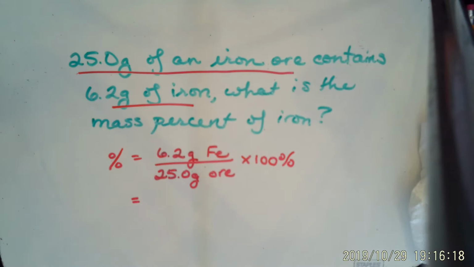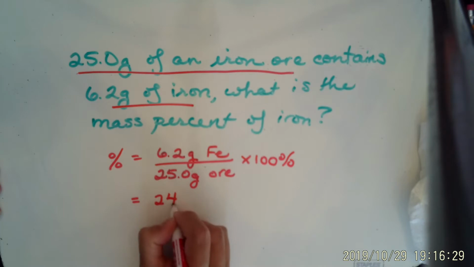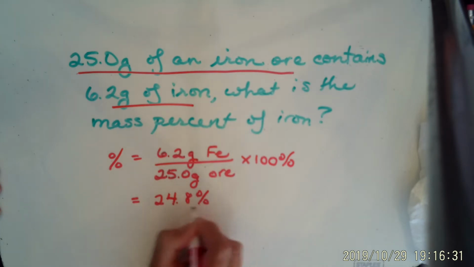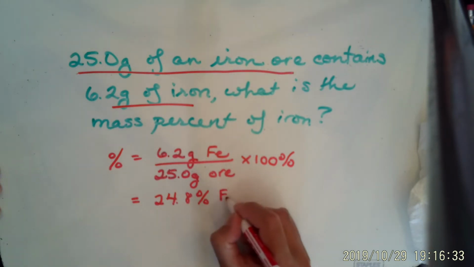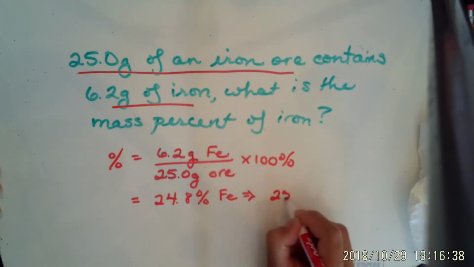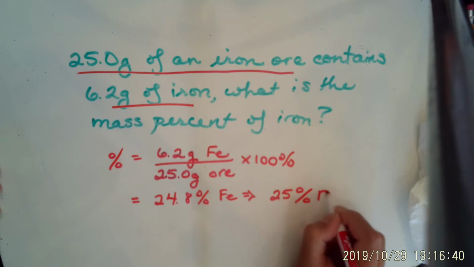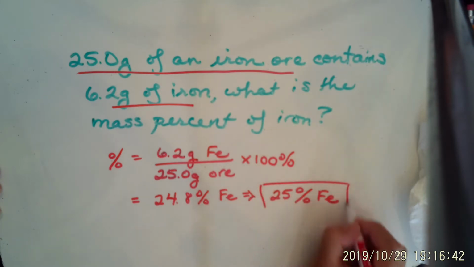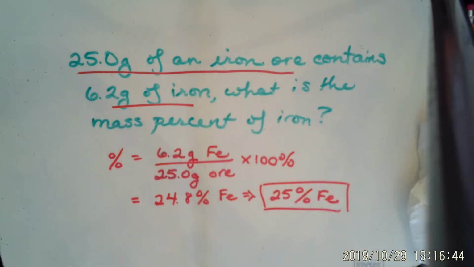So in this case, 6.2 divided by 25, I get something like 24.8%, and since it's two significant figures, we'll round it up, so it'll be 25% iron. Okay, so that's how we handle basically a mass percent. Again, part divided by whole.